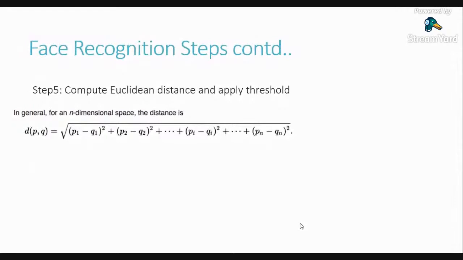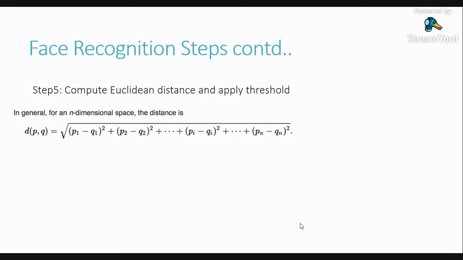It's basically the distance between n-dimensional vectors. Let's say P and Q are those vectors in n-dimensional space. To compute the distance, we first take the difference between each individual element, take the squared sum, and then take the square root. This is the actual distance between the 2 vectors in n-dimensional space.